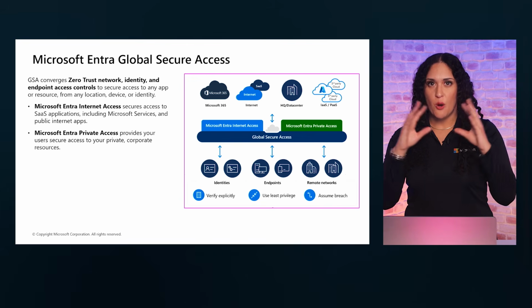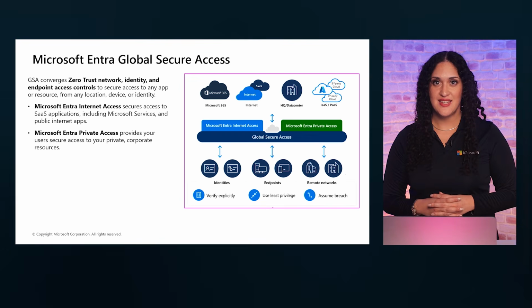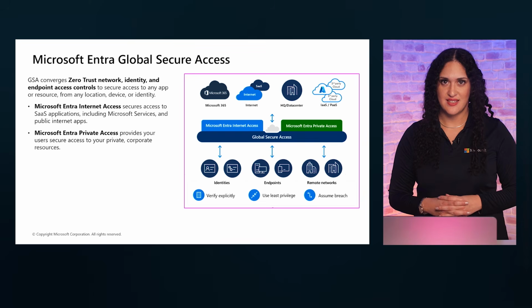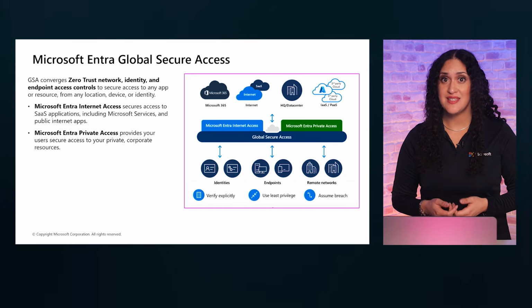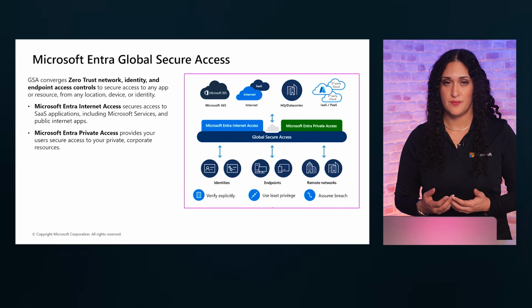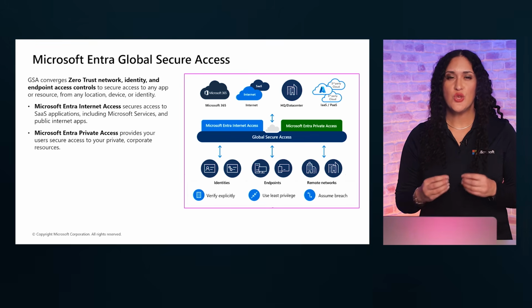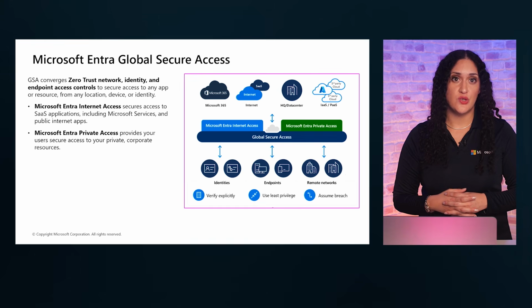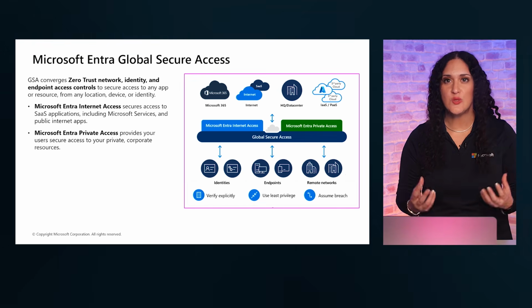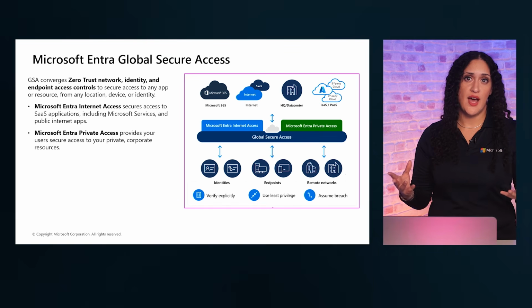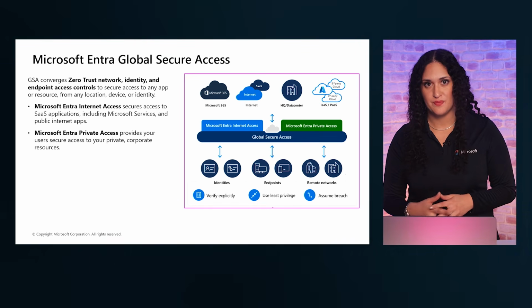It is the unifying umbrella for Microsoft Entra Internet Access and Microsoft Entra Private Access, creating a single approach to protecting both internet-based apps and private corporate resources. This solution represents a new security category called Security Service Edge, where access decisions are identity-driven and continuously evaluated rather than relying on a traditional network perimeter.